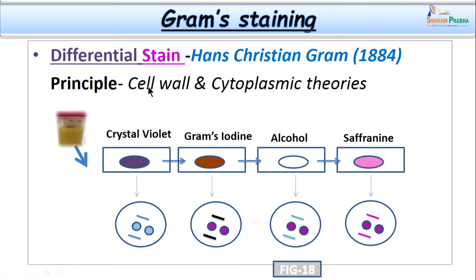Basically, it takes place because of differences in the cell wall and cytoplasmic nature of the bacteria. When we make a smear from the sample, it is subjected to primary stain, then a mordant, alcohol and the counter stain. The differentiation between the bacteria occurs at the stage of decolorization, and ultimately we see the bacteria as Gram negative and Gram positive ones, as you can appreciate.